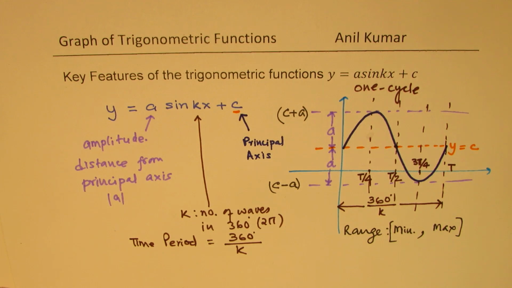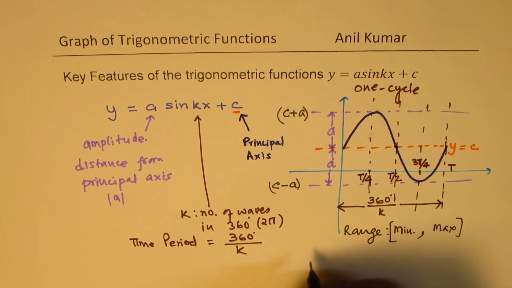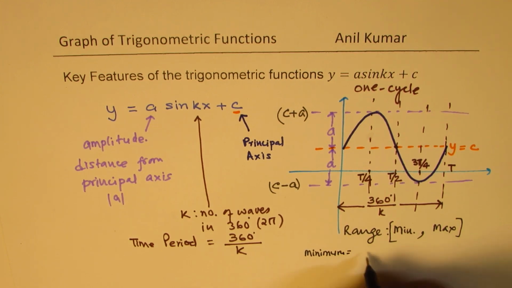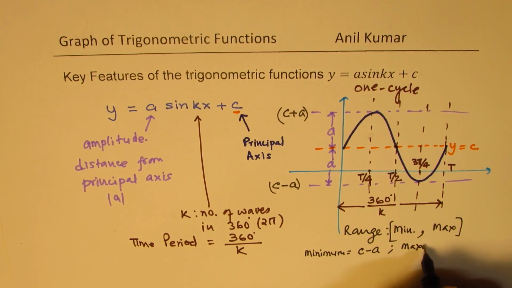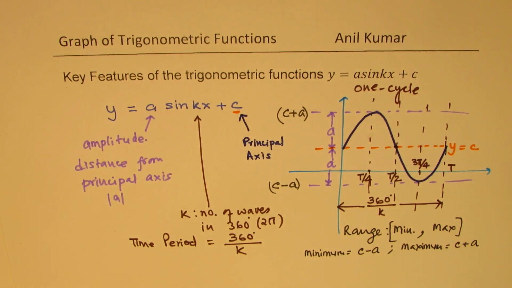So if from the equation we have to find the minimum and the maximum, we can write minimum is equal to c minus a, and maximum is equal to c plus a. Is that clear to you? Now all the information on this is what you need to know to answer the question which we began with.